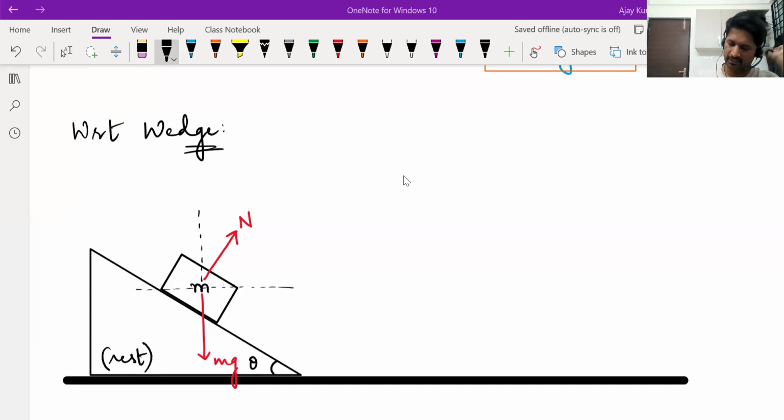So block will also be at rest. It has to continue to be at rest with respect to wedge, means it should be in equilibrium. Okay.